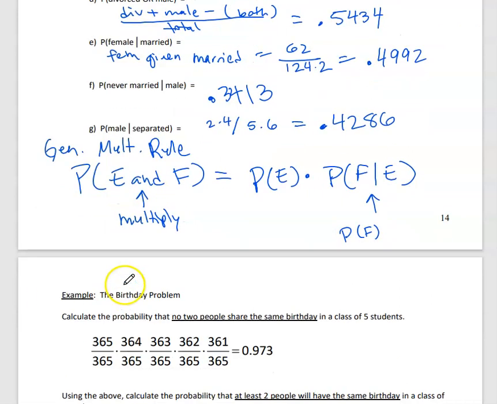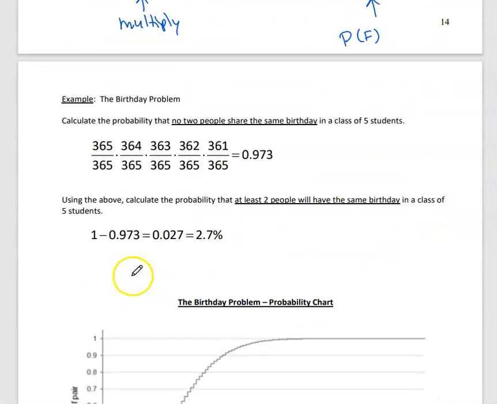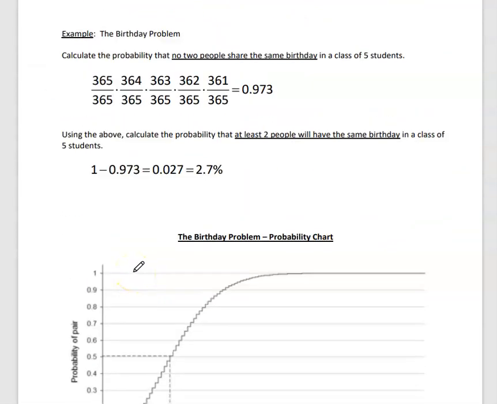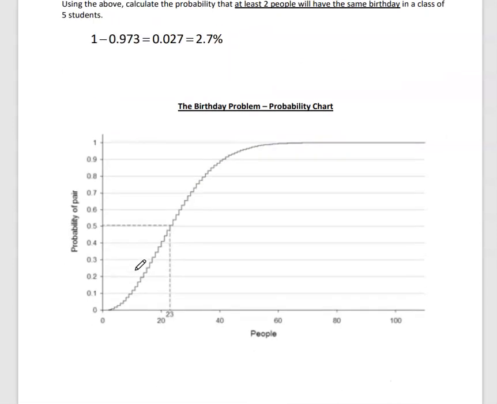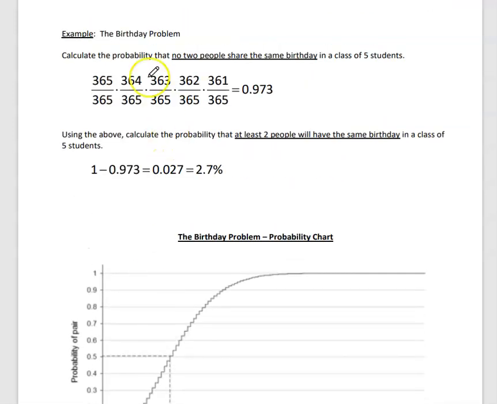Okay, and then there's a very famous problem. It's called the birthday problem. It's something kind of funny to do in a group of people, because it seems like it'd be kind of rare for people to share birthdays, which it is rare for just individuals. You have a 1 out of 365 chance to share a birthday with just any random person. But it turns out, and I don't want to cover it in this video, it's a little bit in-depth how to actually do this probability calculation, but it's something interesting to look at.